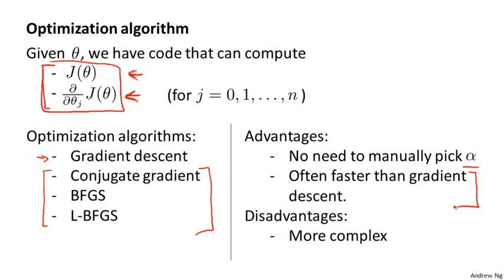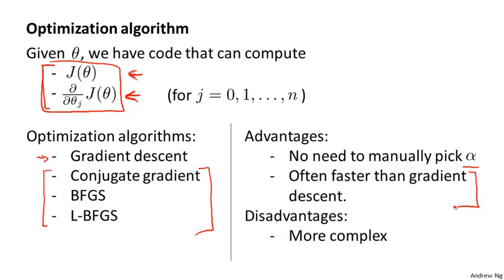In fact, I actually used these algorithms for a long time, like maybe over a decade, quite frequently. And it was only a few years ago that I actually figured out for myself the details of what conjugate gradient, BFGS, and L-BFGS do. So it is actually entirely possible to use these algorithms successfully and apply them to lots of different learning problems without actually understanding the inner loop of what these algorithms do.